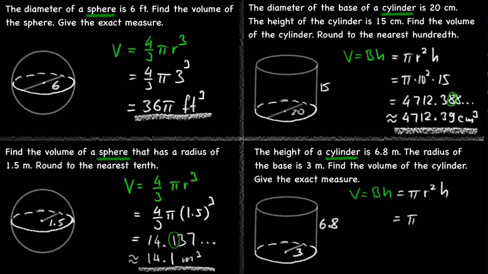The radius is 3, so we can write 3 squared, and the height is 6.8. 3 squared is 9. Times 6.8 is 61.2. So the exact volume of this cylinder is 61.2 pi cubic meters.